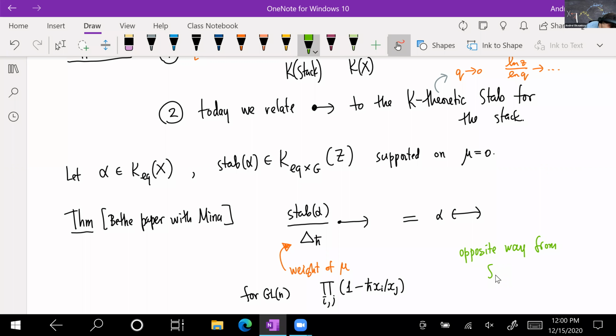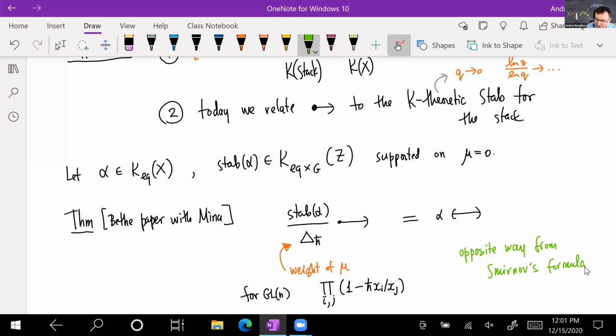Smirnov says something else. It says there are some specific descendant insertions that if I stick them inside, then I get the relative insertion. And now I have to explain what this means.